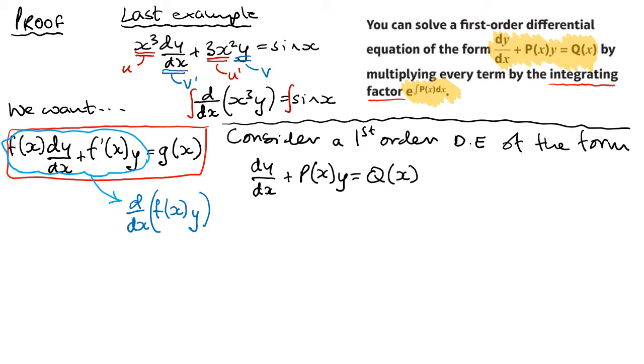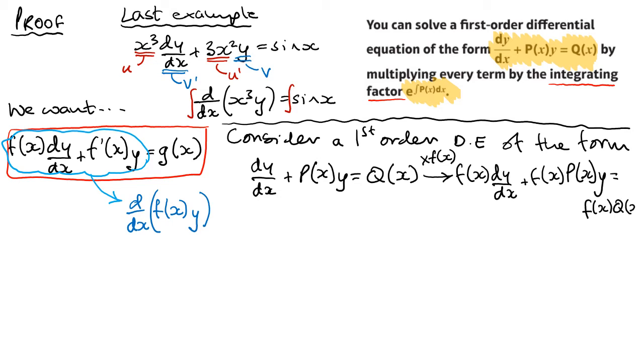Okay, so differential equations that look like this. How can we make them look like this? Well, the first thing that we'll do is we'll times both sides by f of x. So if I do that, I'll get f of x dy dx plus f of x p of x y equals f of x q of x.